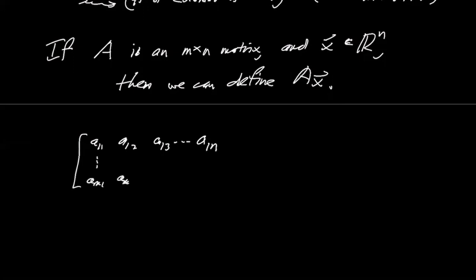A m1, A m2 through A m n. Geez, those don't look like m's, do they? Let's try to be a little better with that.